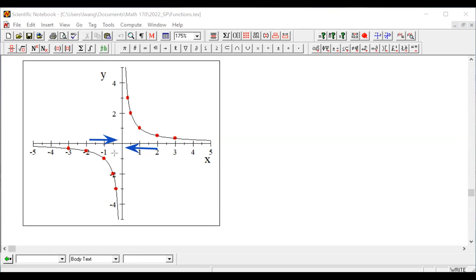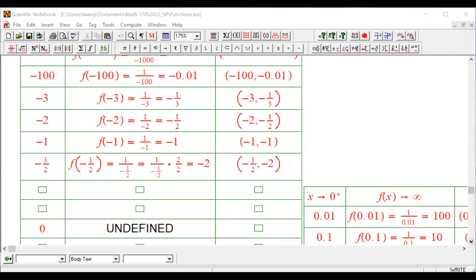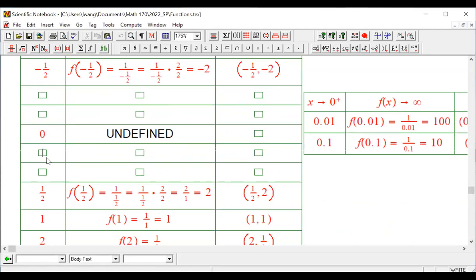I chose a couple of numbers just for you to see. In this direction, the numbers we chose are larger than 0 but approaching 0, and these numbers are approaching 0 but smaller than 0, so they're negative. So in the larger than 0 part, I have chosen 0.01 as input and 0.1 as input.